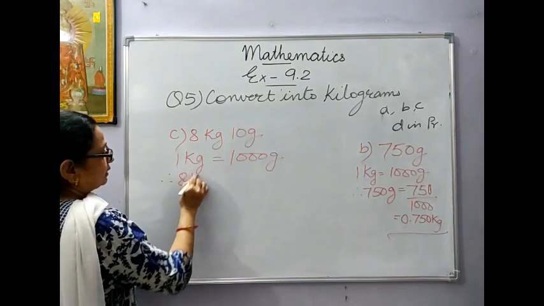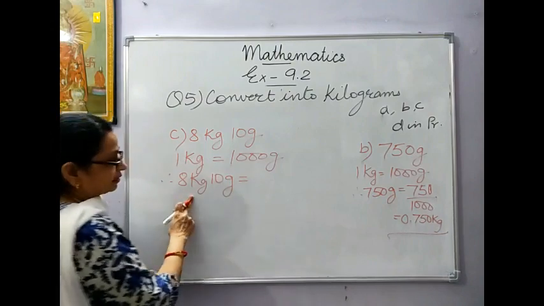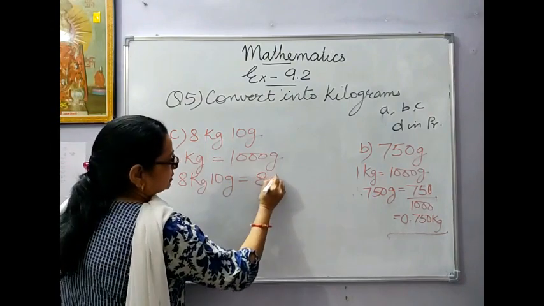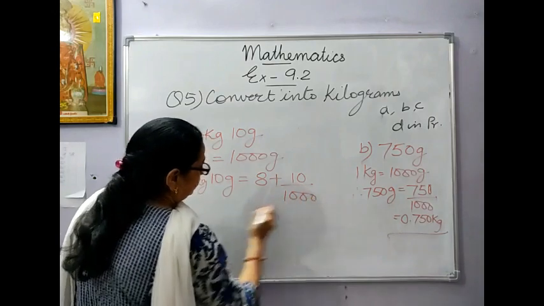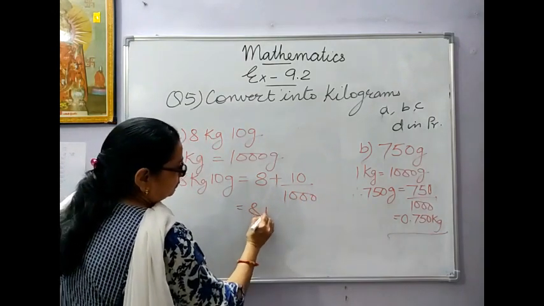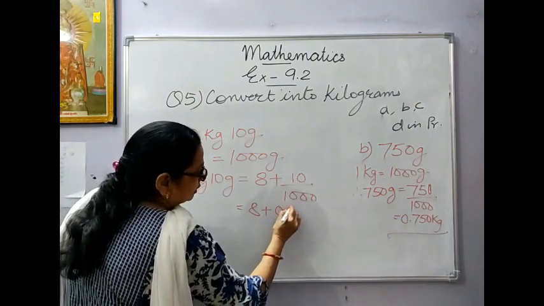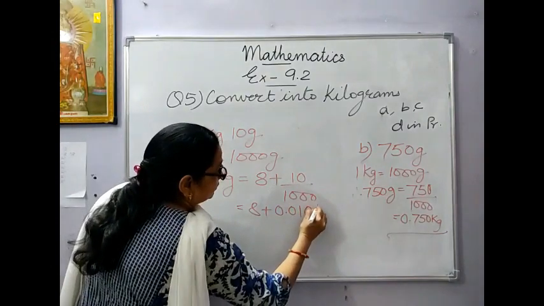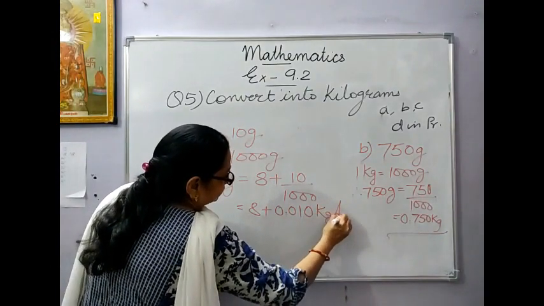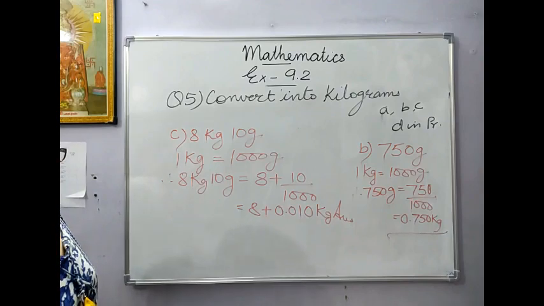Therefore 8 kg 10 grams will be equal, this is already in kg, 8 plus 10 upon 1000. 8 plus 1, 2, 3, we only have 2, again extra 0 on the left side, and this will be your answer. Have a look at it.